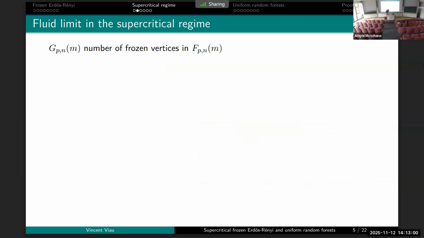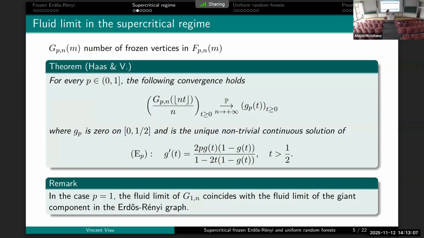And so what we proved with Benedict is that we have a fluid limit result for this quantity. So in the same regime that I presented before for the classical Erdős-Rényi, if you rescale the number of frozen vertices by n, this converges to some deterministic function again, which is 0 before time 1/2.